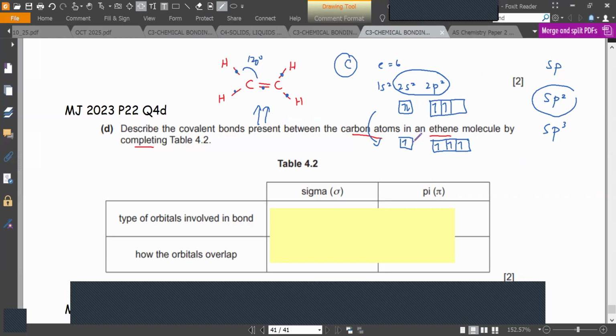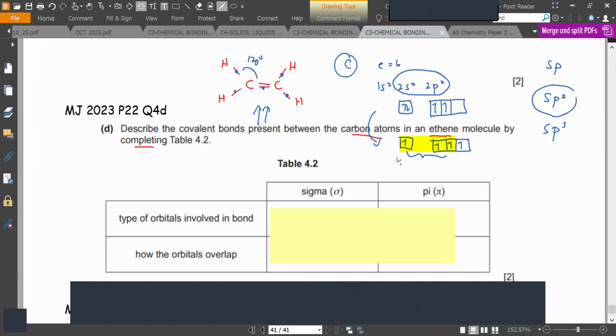We need to separate the electrons because each of them will form one bond. Then we are doing sp2, so we will take one s orbital and two p orbitals.